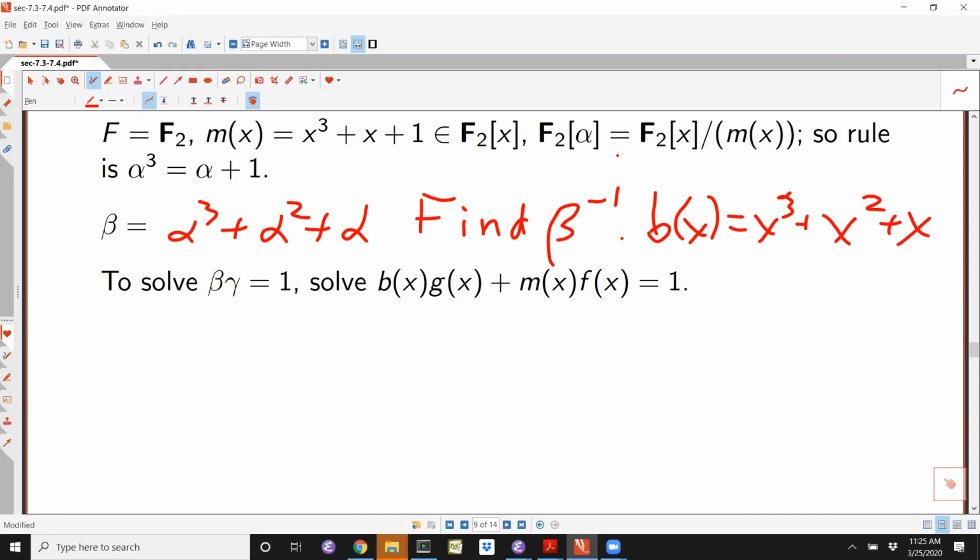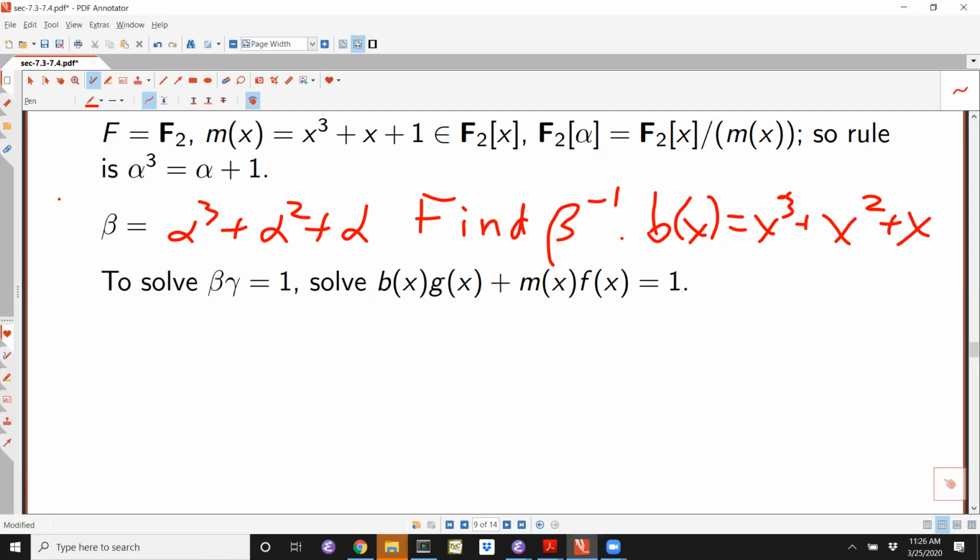In order to solve beta gamma equals 1, I want to find the inverse gamma equals beta inverse. I will now have to use the Euclidean algorithm to find the GCD of b and m, which I actually know is going to be 1, but I need to know the details.